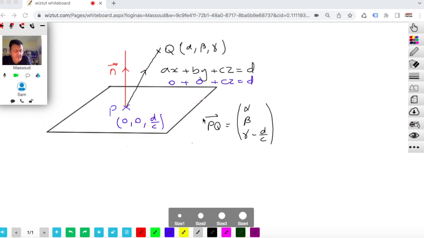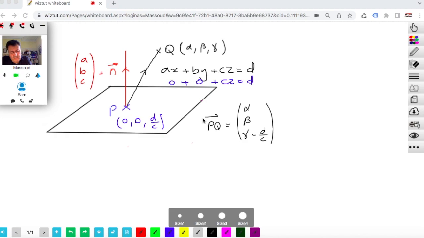From the equation of the plane, we can also say what the normal vector n is, and that would be (a, b, c). That's vector n.